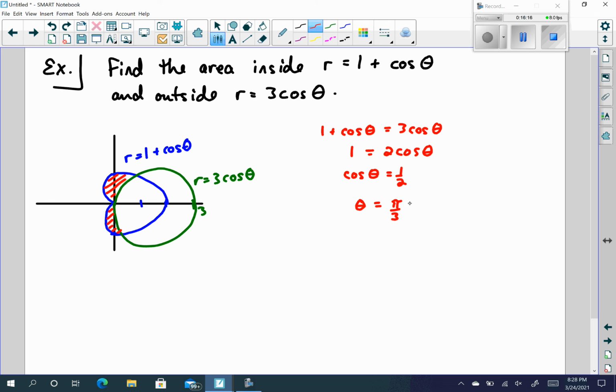So it's at 60 degrees. So if we're looking, that means we're kind of going up this way. So the circle kind of comes back right here, and then this comes down at theta equal to pi over 3 radians. Now we also need to consider they intersect at the pole.